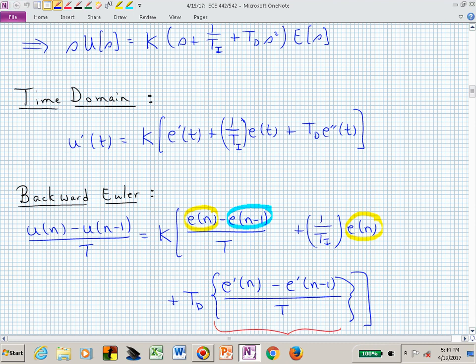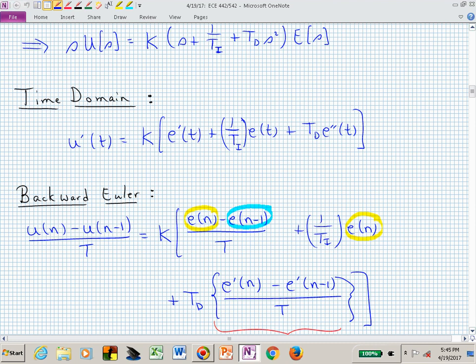And so we have e of n minus e of n minus 1 over T. If we take e of t into the discrete setting, that's just e of n, the error at the present time. We're not explicitly showing the sample period in the argument of each of these expressions. We're just saying e of n, meaning e at n sample periods. And then we have plus T sub d times the second derivative of our error signal.